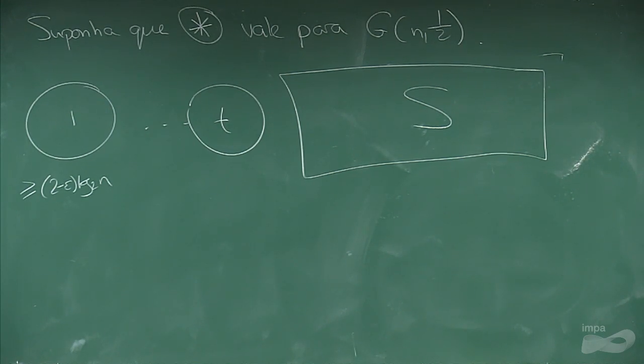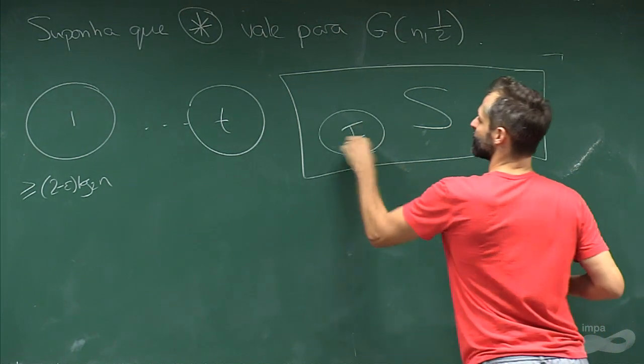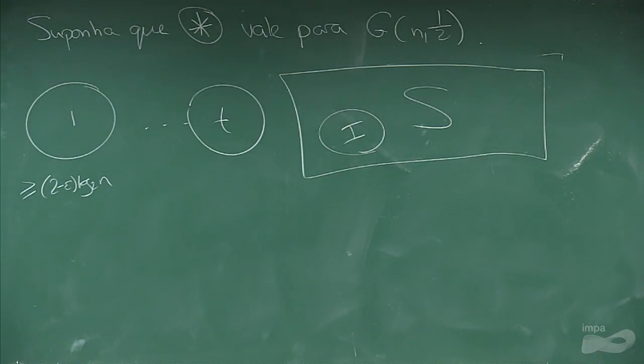So what can I do? I apply this property. For every S that's big, and I'm assuming S is still big, I can find an independent set that's large. G1/2 has this property: there exists this independent set.